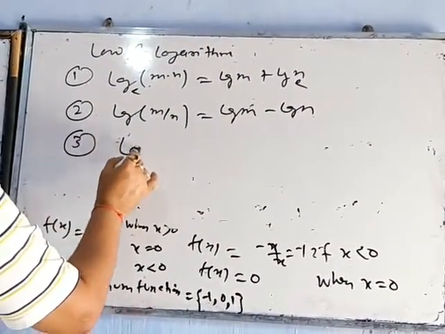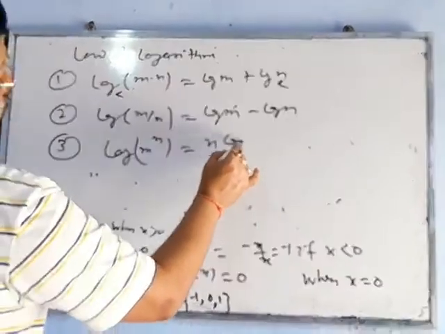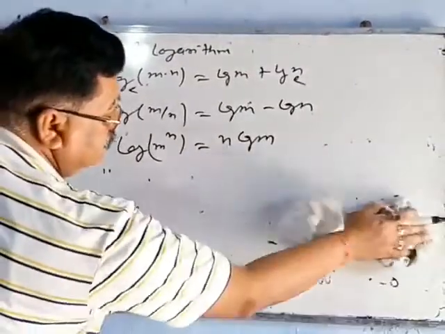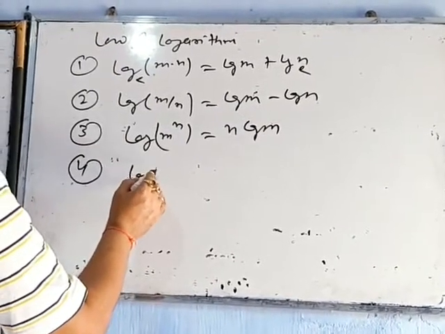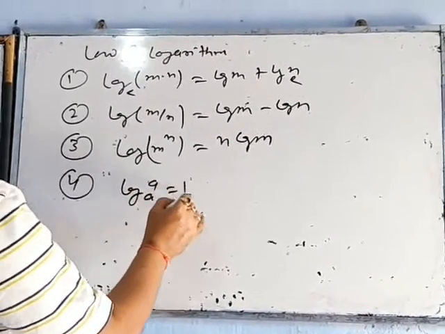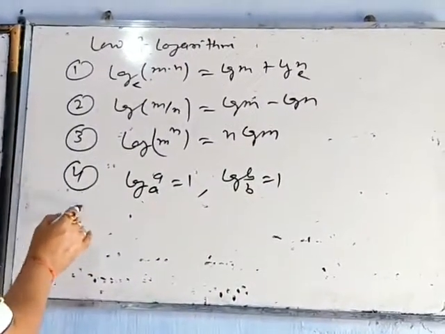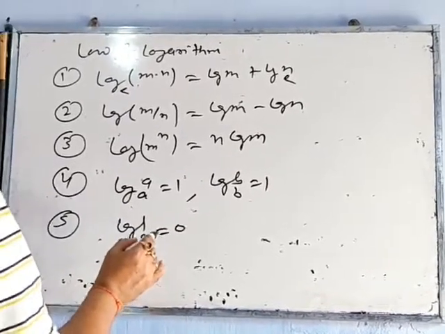Third, log m to the power n. These come under logarithm. Log of a to the base a is 1, log of b to the base b is 1, and log of 1 to any base is 0.